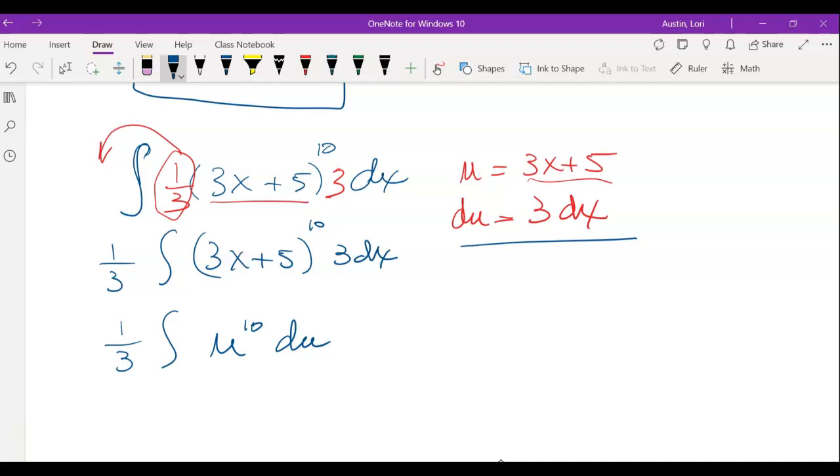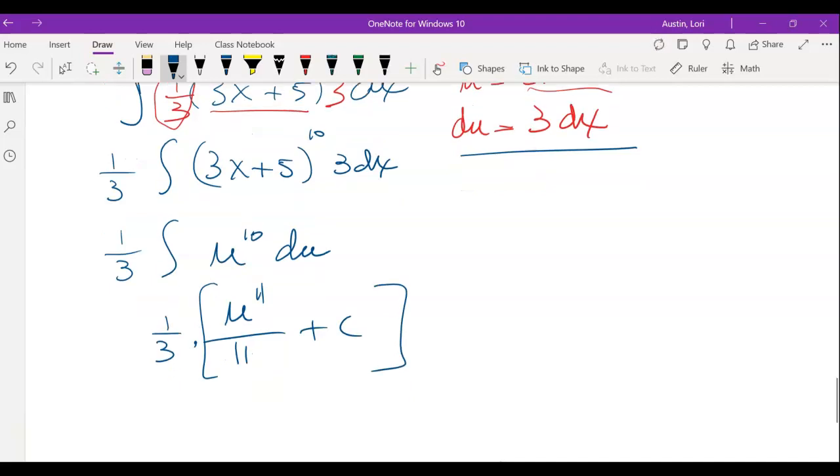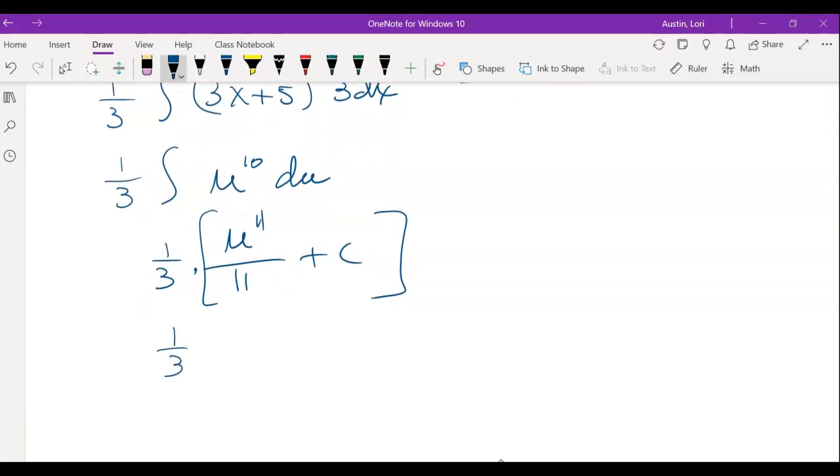So you finish it. What's the integral of u to the 10th? Yeah, u to the 11 divided by 11. But don't forget, you're multiplying it by 1/3. And don't forget to replace u.